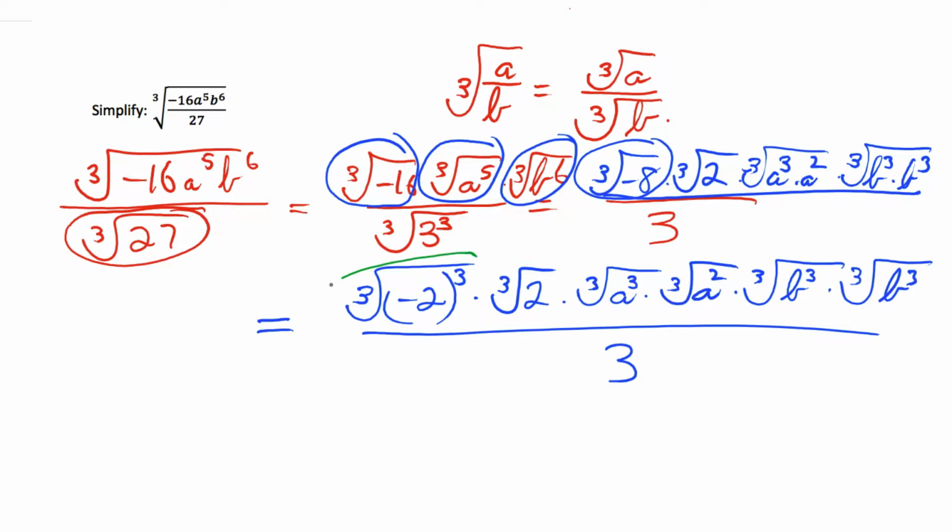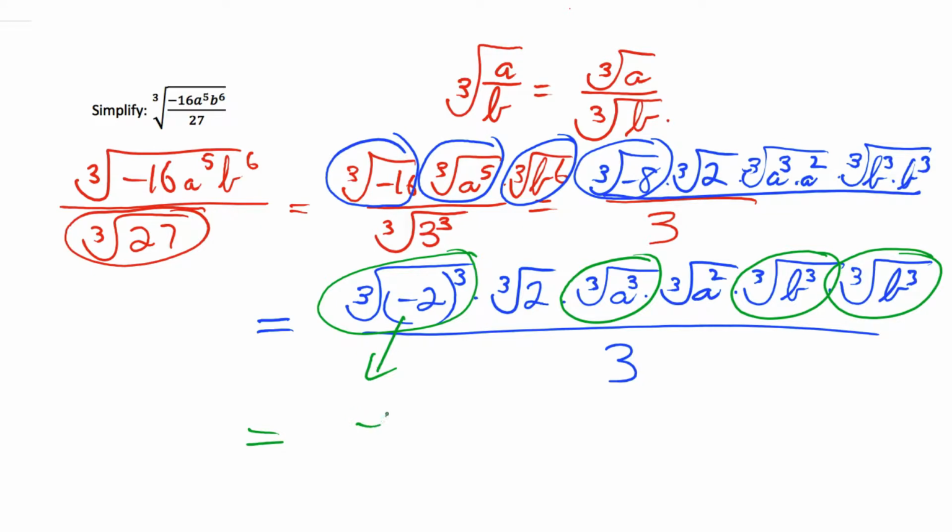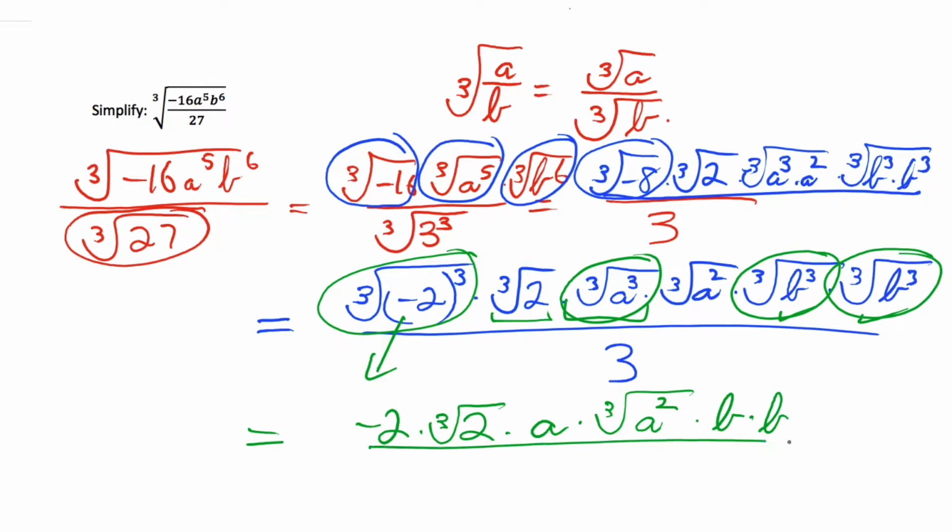And my inverse property is here, here, here, and here, meaning the cube root of negative 2 cubed will be negative 2. This section is irrational, so it remains as it is. The cube root of a cubed is a. The cube root of a squared is irrational, doesn't reduce. And each of these reduces to b, all divided by 3.